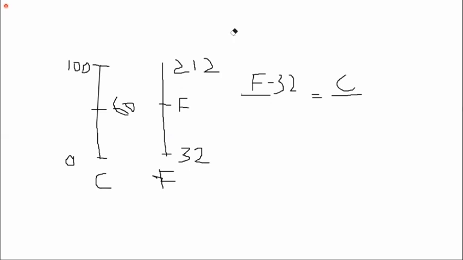Fahrenheit to Celsius. F minus 32 over 212 minus 32 equals C minus 0, where the minimum is 0, over 100 minus 0.